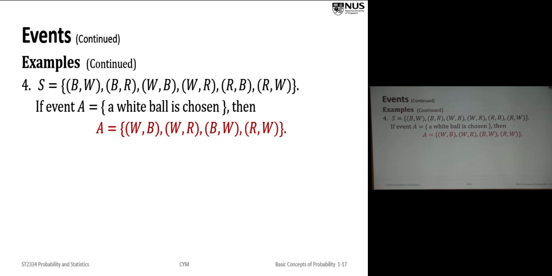What I'm trying to emphasize is that I want to make the outcomes equally likely. So that's why, instead of grabbing the 2 balls simultaneously, I take them one by one. I take 1 ball out, look at the color first, and then take the second ball out. By doing so, I'm sure that the outcomes are all equally likely. But if you grab 2 balls, it makes it more complicated.